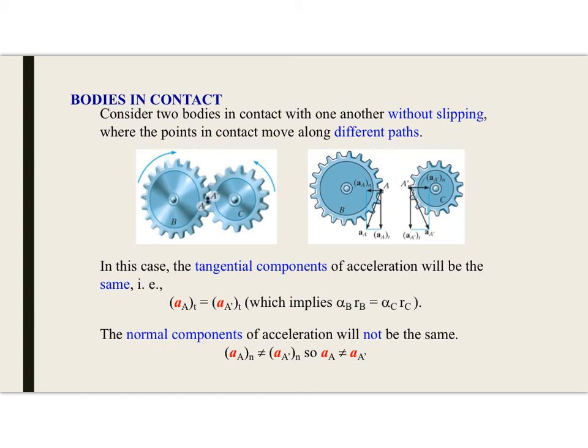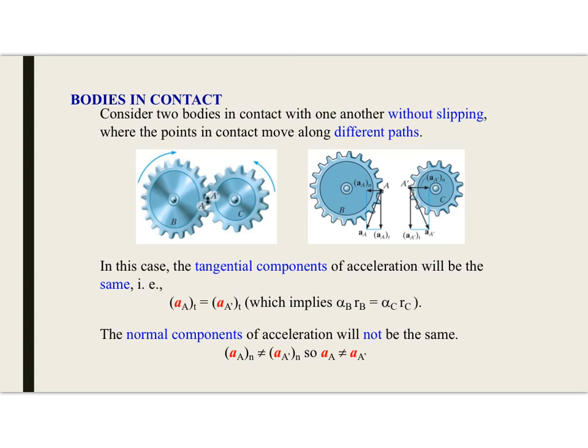Some other things that we're going to come back to are things we've looked at before. We talked about gears. And remember, one of the things we found is that for the two gears to be working together properly, they would both have to have the same tangential acceleration at their outer edges, because those two points touch and they have to be moving together.